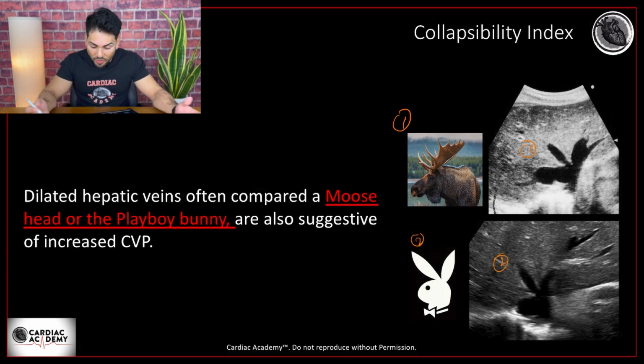So if you find either of these two findings, then that's a sign of a full IVC, okay? Either the moose or the Playboy bunny, okay?